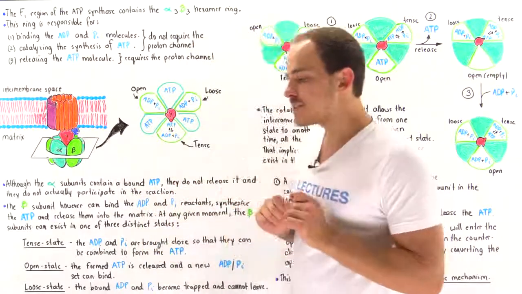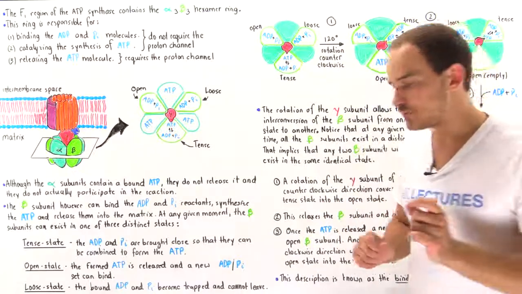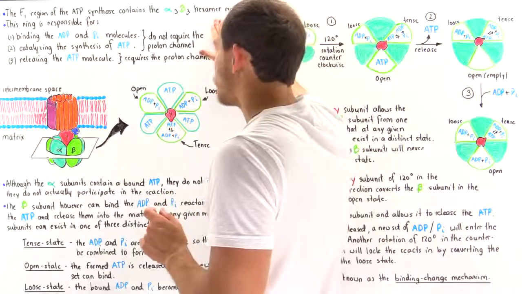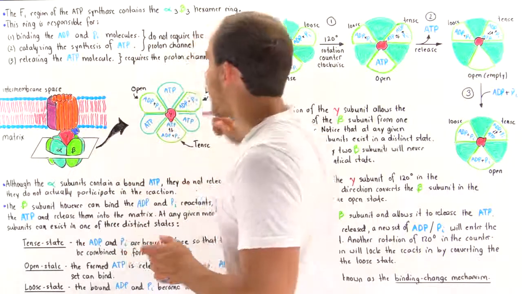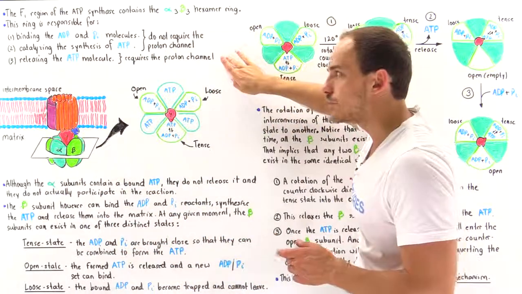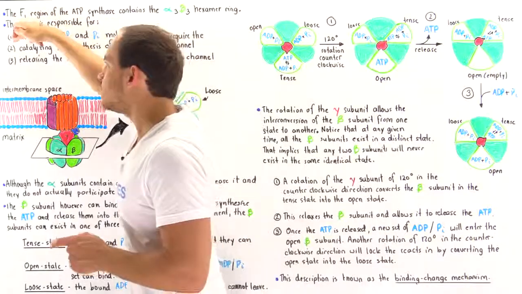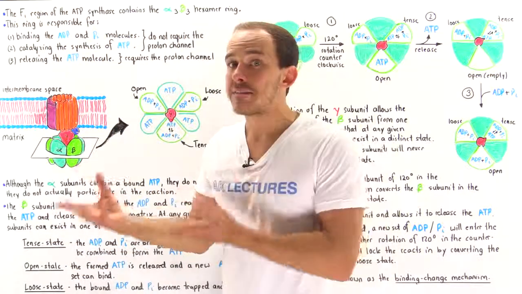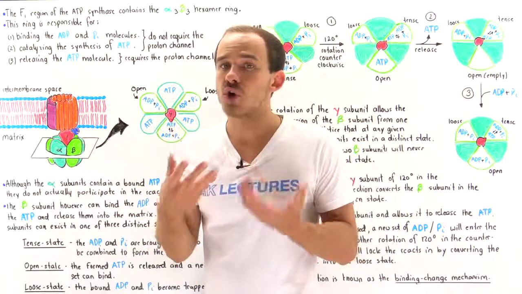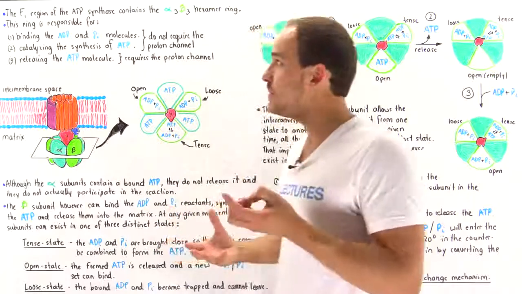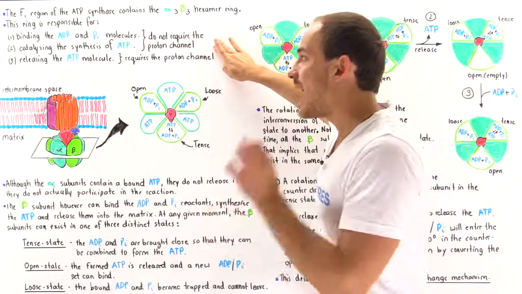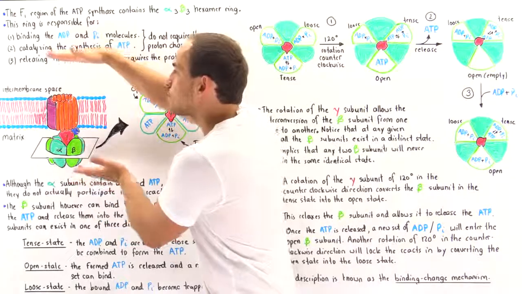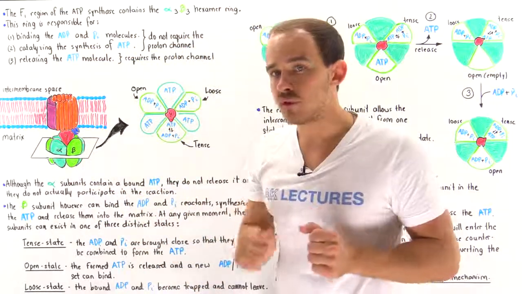Now, I have to emphasize the following important point. This hexamer structure here can carry out each one of these steps. But step 1 and 2 can take place in the absence or in the presence of the proton motive force. So what that means is step 1 and 2 can be carried out in the absence or presence of that proton electrochemical gradient.